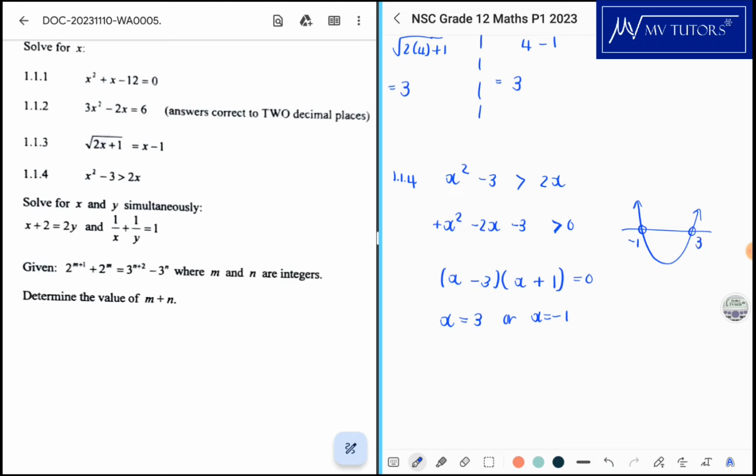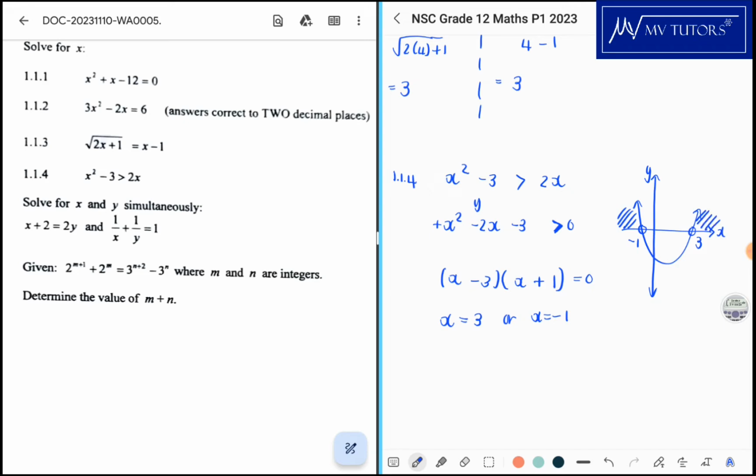Now, if we have our inequality where the sum is bigger than 0, remember this is our y-axis. This is not to scale, but we have our y-axis somewhere there, and this is our x-axis. So this is like saying y is bigger than 0. If y is bigger than 0, we're looking at every value on top. Our answer then lies here.